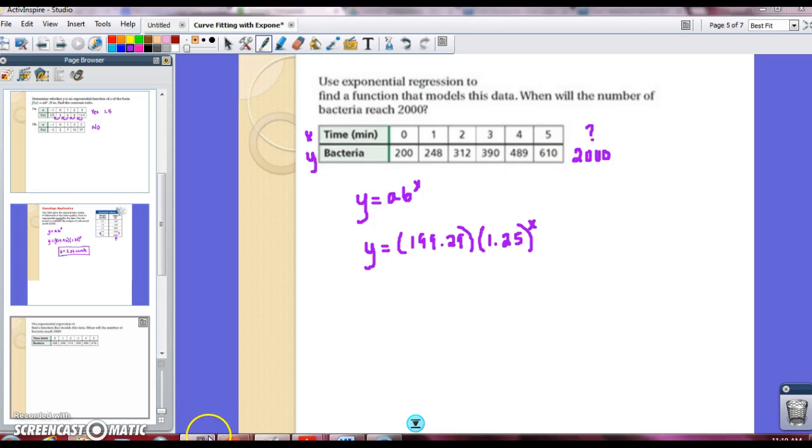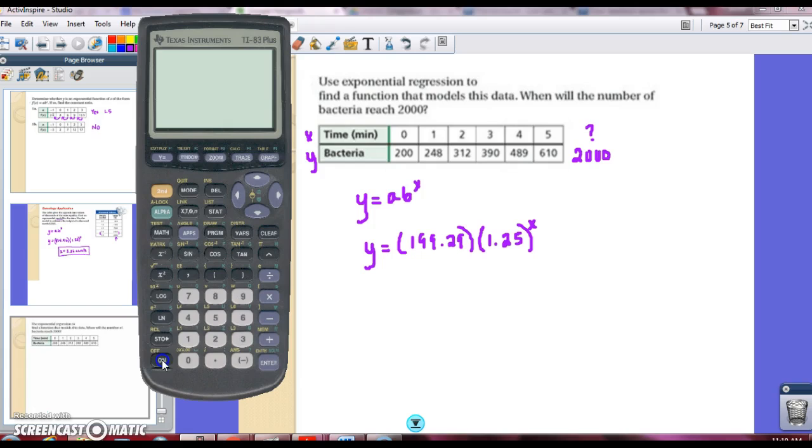So in our calculator, we stored that equation in y1, and so in y2, just like we did in the previous example, we're going to put that y value that we know. In this case it's 2,000, and so we're going to find the intersection of these two graphs to get the x value.